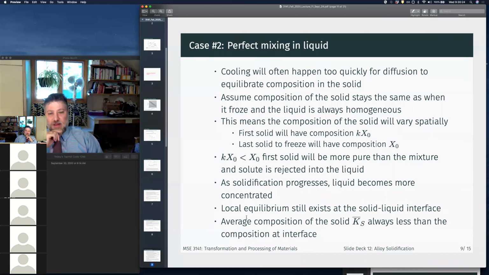And because, and we'll explain what this means in a figure, the first solid that freezes out is less than our alloy composition, that means the average composition of the solid is going to be less than the composition at the interface. Right?